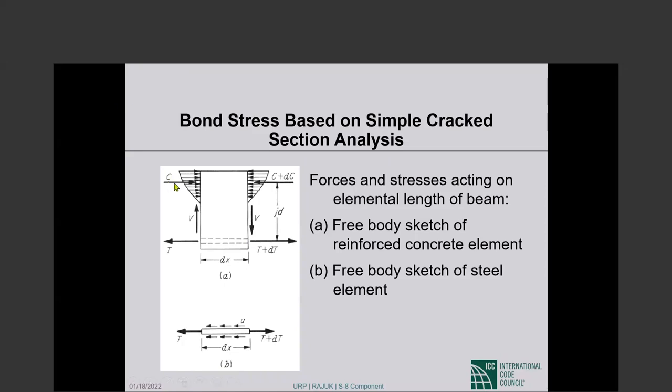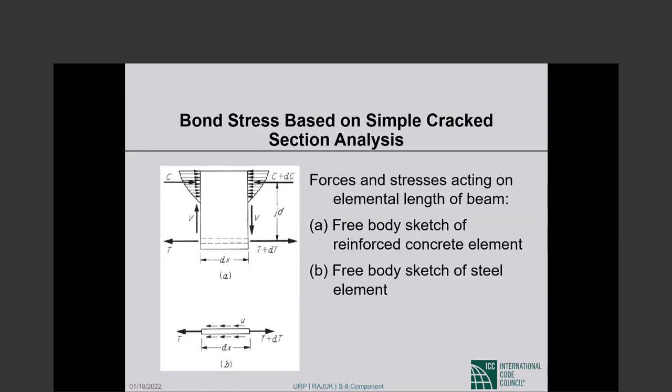The compression in the concrete on the left face is C, on the right face is C plus a differential C. The shear is V on both faces. They have to be equal for vertical equilibrium. And the lever arm between the compression and the tension forces is jd. In the days of working stress design, we used to use that notation for lever arm, jd.